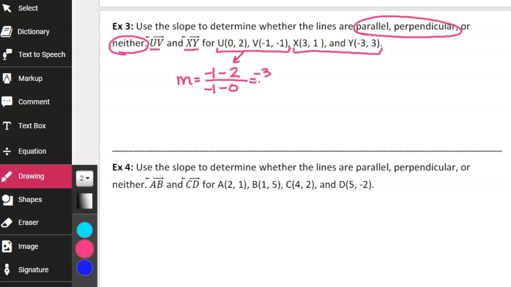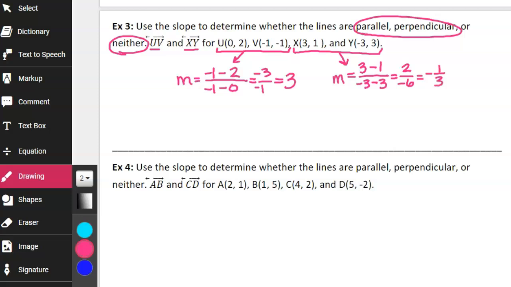This is negative 3 over negative 1, or just 3. So there's the slope of line UV. For the slope of line XY, we have y2 minus y1 over x2 minus x1. This is 2 over negative 6, which is negative 1 over 3.